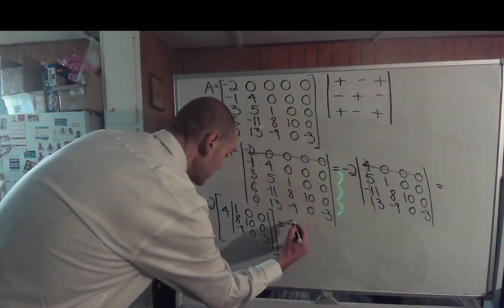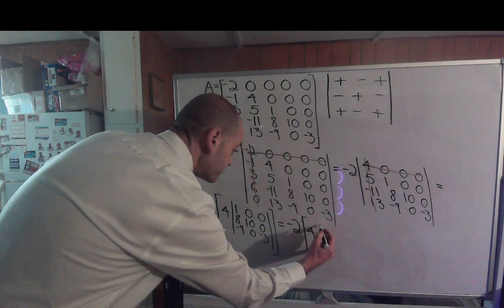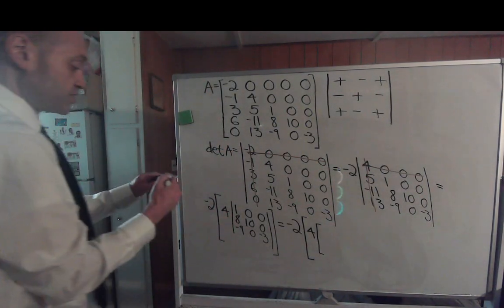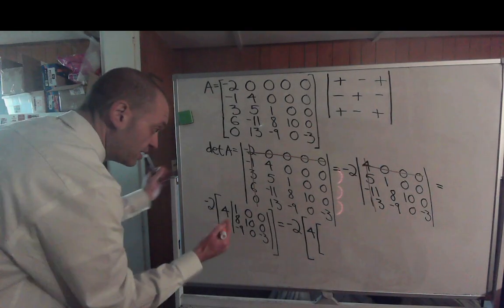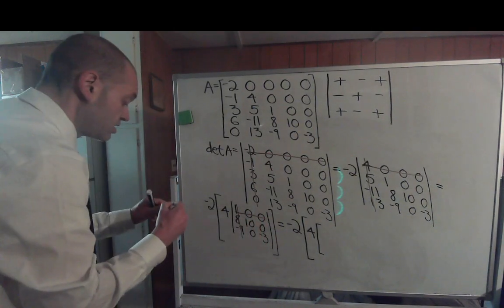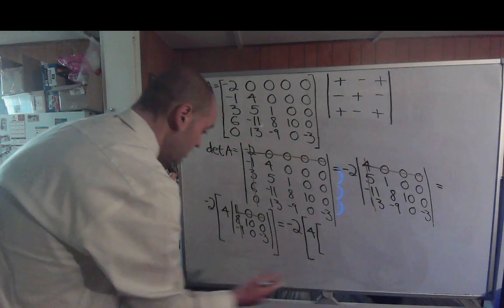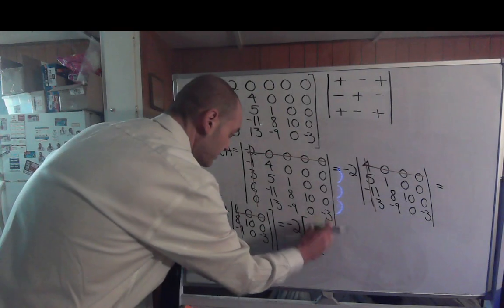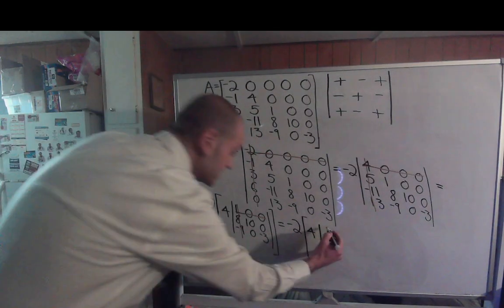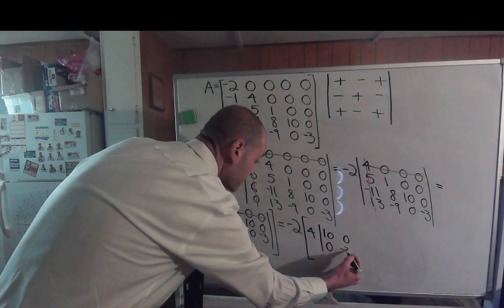So this would equal -2 times the large brackets of 4 times some smaller brackets of 1 times the resulting 2 by 2 determinant of whatever's left, which would end up with a 2 by 2 determinant of, actually we probably don't even need those brackets, of 10, 0, 0, -3.